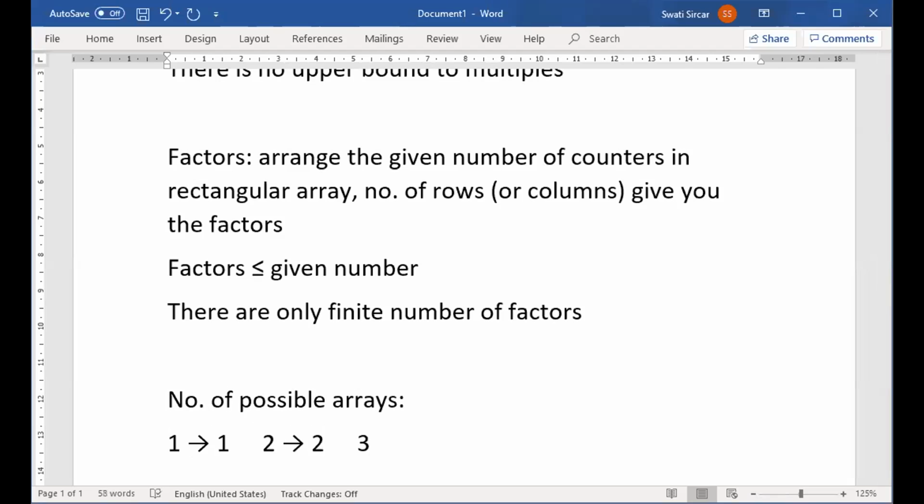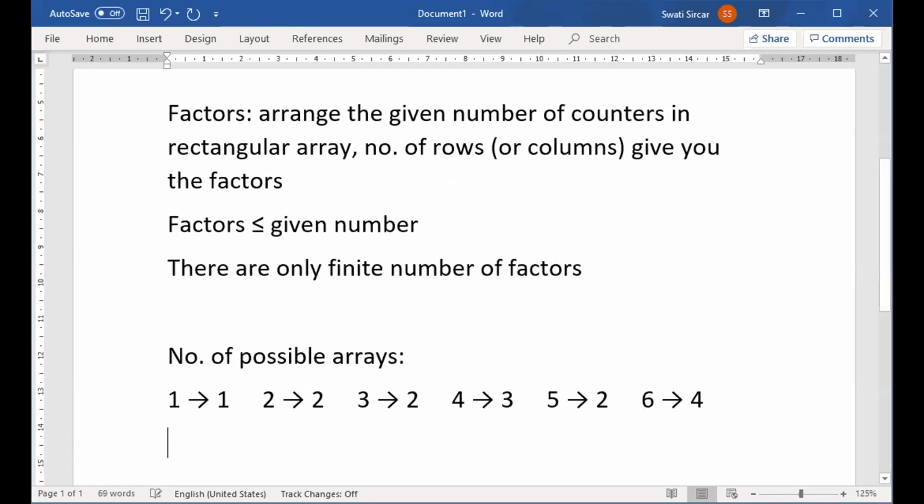For 3, how many possible arrays? 2. For 4, 3. For 5, 2. For 6, 4.